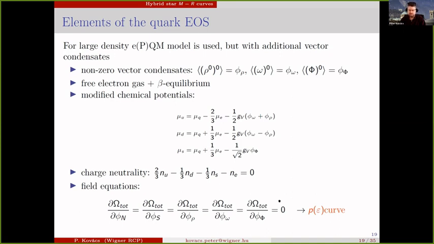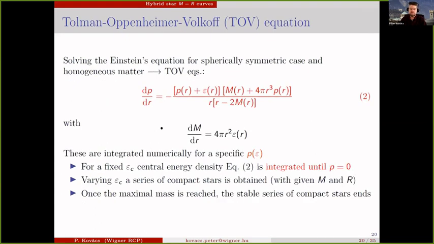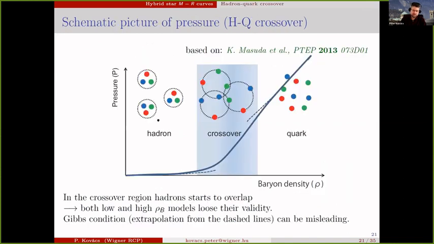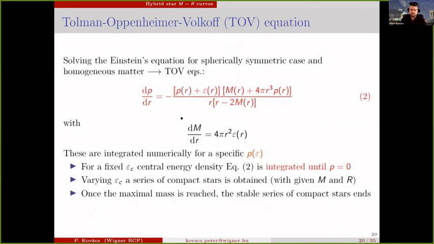In this case, we have 5 field equations, and from that we can calculate the pressure and energy density, and we can get a P-epsilon curve, which is important because through the Tolman-Oppenheimer-Volkov equation we can determine the mass-radius curves.